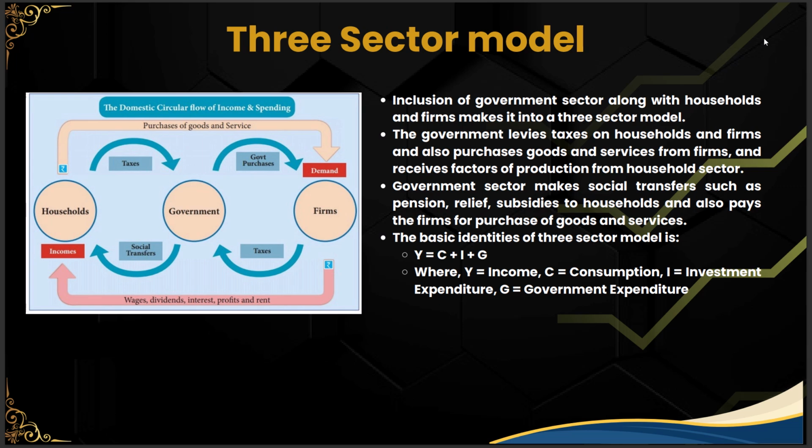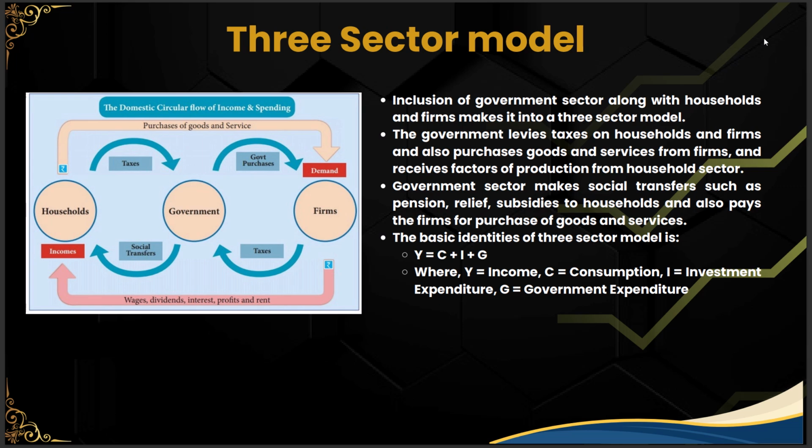The process of the two-sector model keeps continuing, with households purchasing goods and services from firms, and firms in turn returning income to households through wages, dividends, interest, profits, etc. When the government comes in, it puts tax on both buyers and sellers.